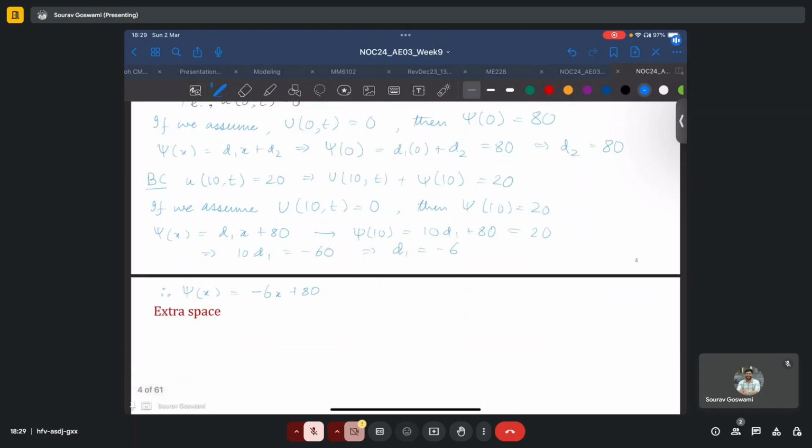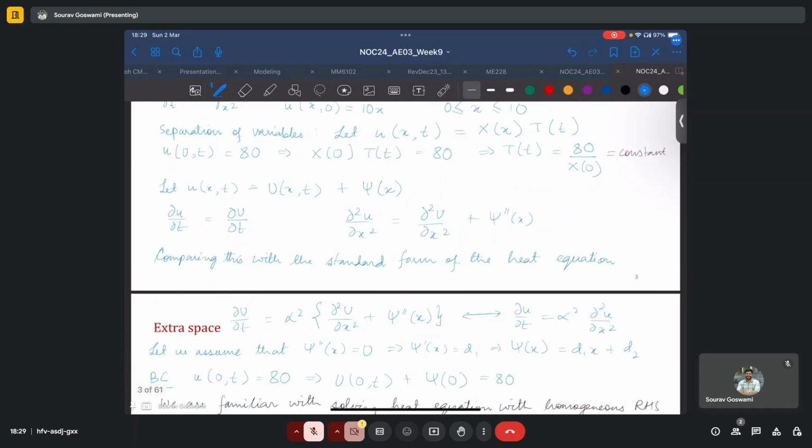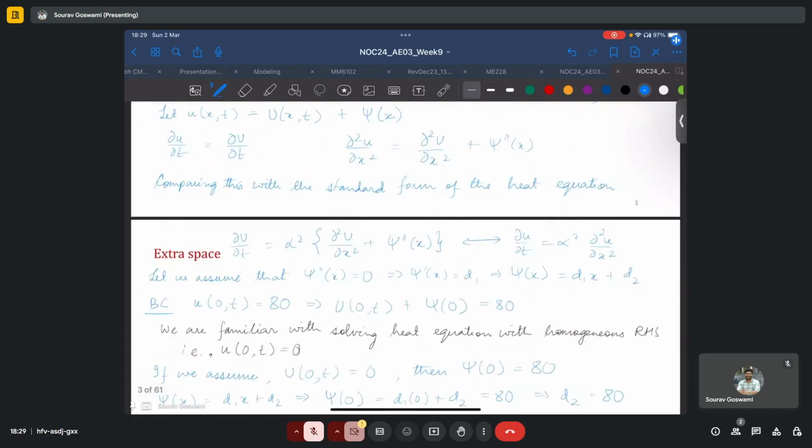Now that we have psi of x, let us now apply the initial condition. The initial condition given to us is u at x comma 0 is equal to 10x.